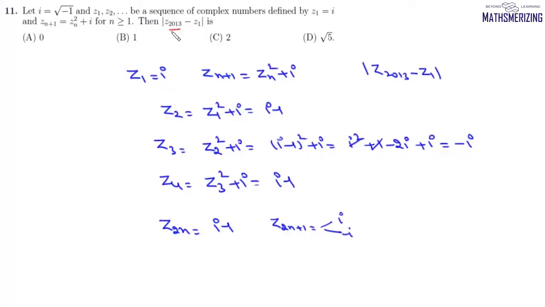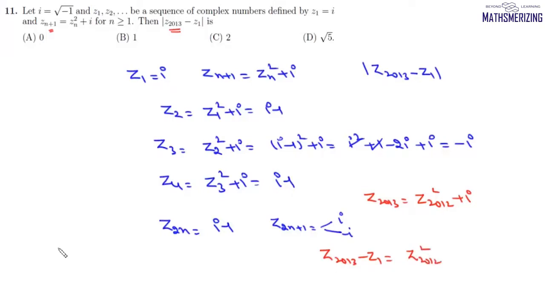Now we need to find |Z2013 - Z1|. Now we take n as 2012, we can write Z2013 will be equal to Z2012² + i. Now i is Z1, so we can write Z2013 - Z1 will be Z2012².